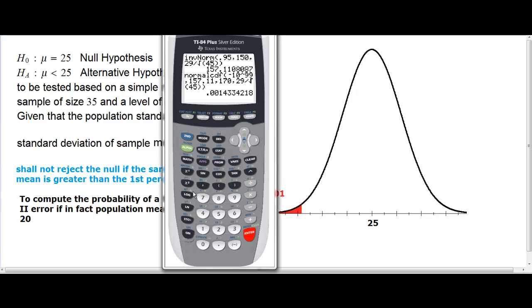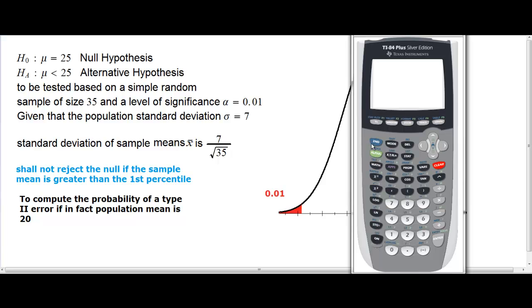So we'll get the calculator, and here we go. We go to inverse norm, 0.01. Then we have 25 for the mean, and 7 divided by square root of 35 for the standard deviation.